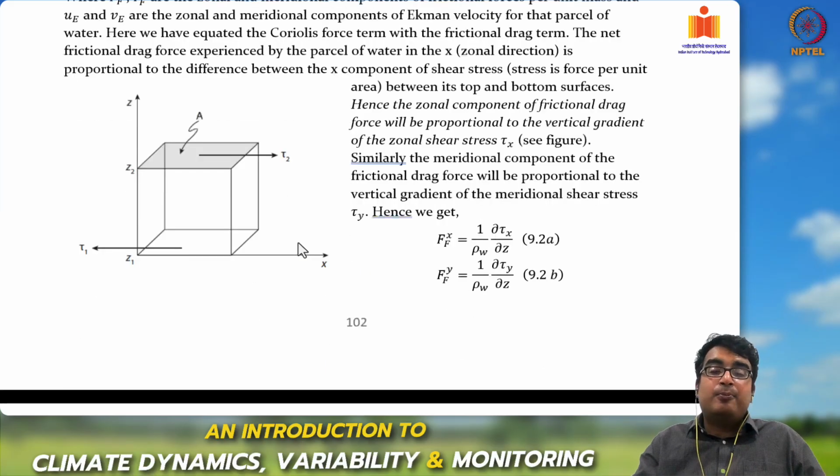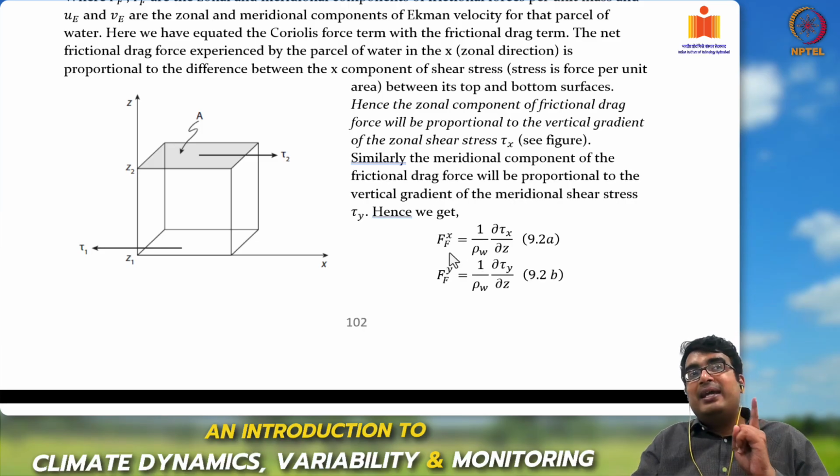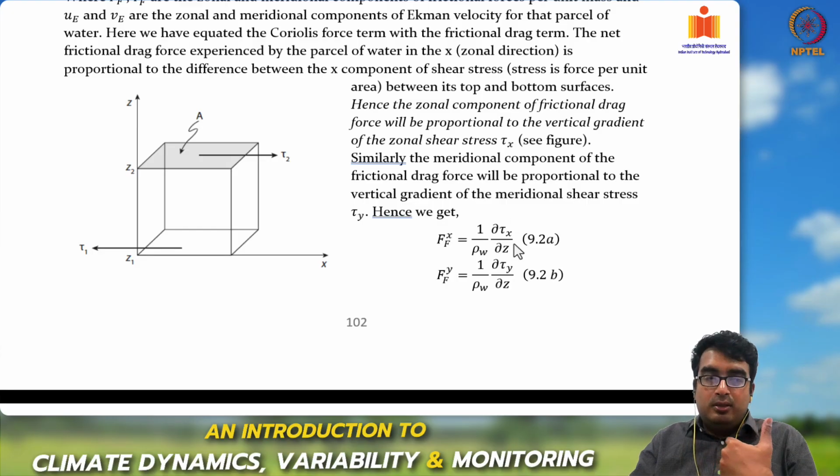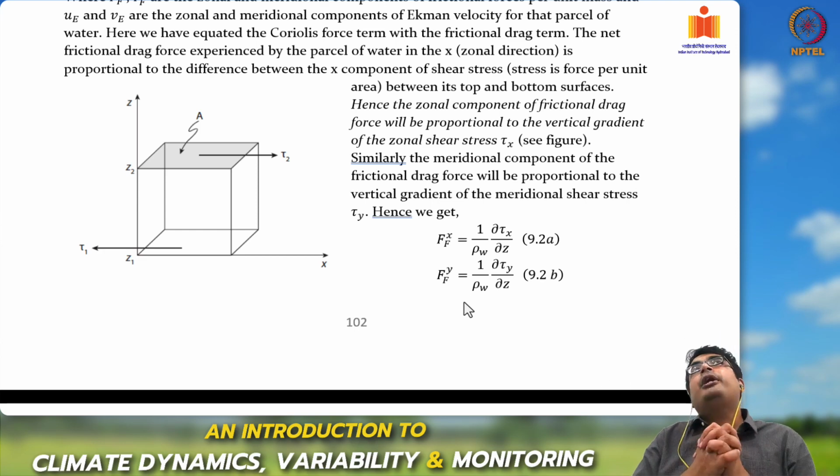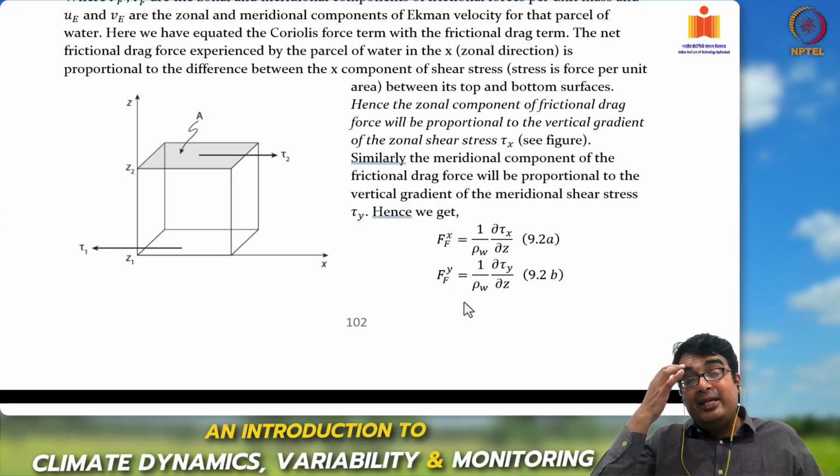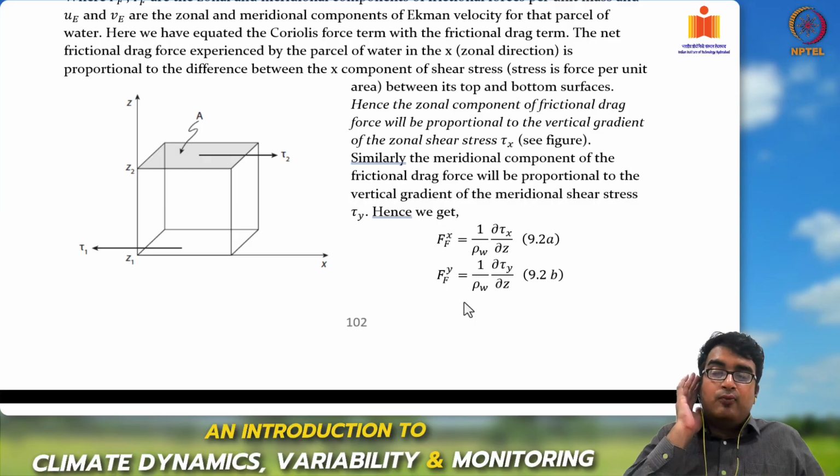And the exact proportionality constant by unit balance is the density of water. So, frictional force in the X or the zonal direction per unit mass is equal to the gradient of the zonal component of the frictional drag divided by the density of water. Similarly, the meridional component of the frictional force per unit mass is the gradient of the meridional shear stress with depth divided by the density of water.